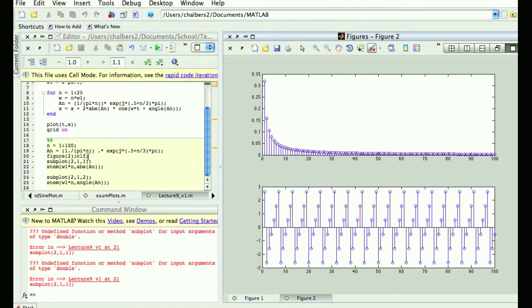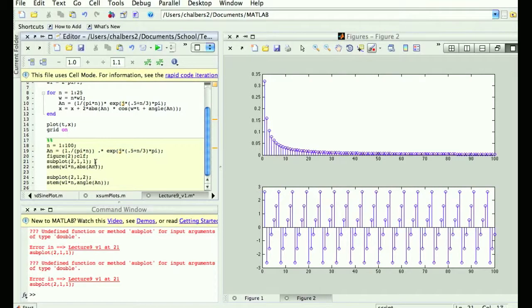Now I'm going to execute the subplot command. You see how I got two plots on the same figure, as opposed to having a separate figure for each plot. So sometimes it's nice to do plots like this because you get two graphs on the same sheet. It's just easier to compare them. So you do that by executing the subplot command. What subplot does is it says, take your page, divide it into 2 rows and 1 column.